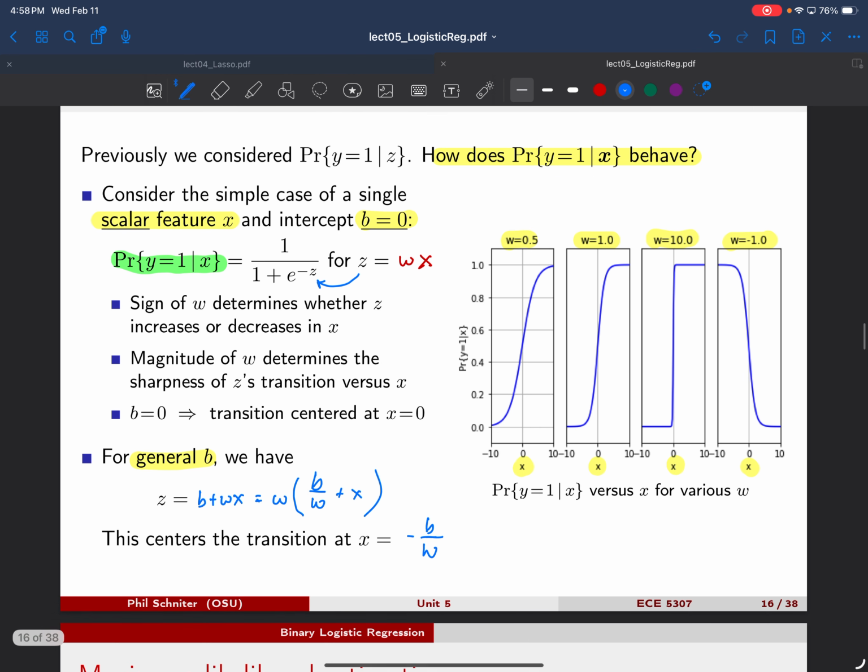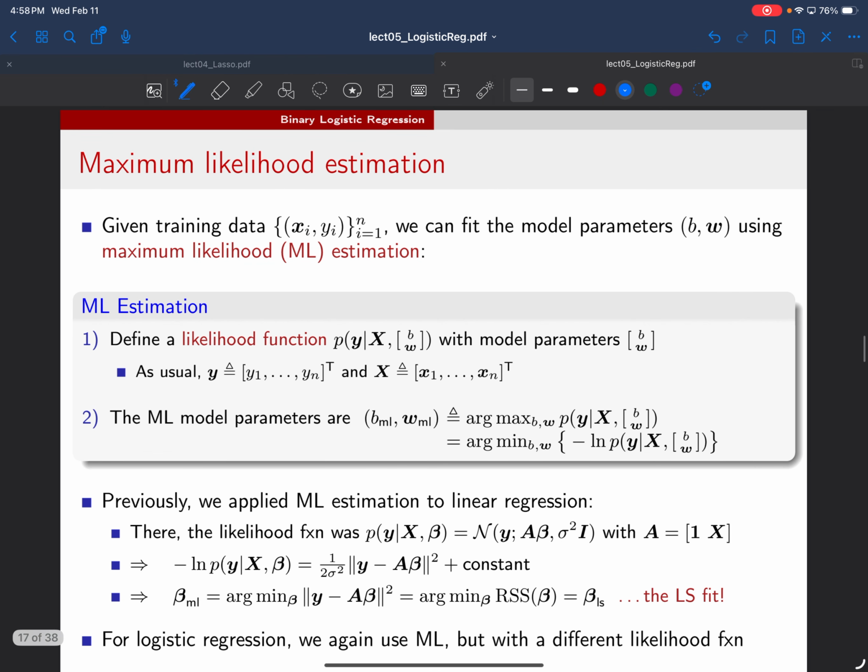Okay, great. So now, how exactly are we going to do the fitting? Well, we're going to use this tool, maximum likelihood estimation, which I said is going to be the main tool we use for the remainder of the term. Just to quickly review what ML estimation is, step one, we define some likelihood function, which is going to be the probability or the probability density of y, the vector of training samples, given a matrix of training features and our trainable parameters.